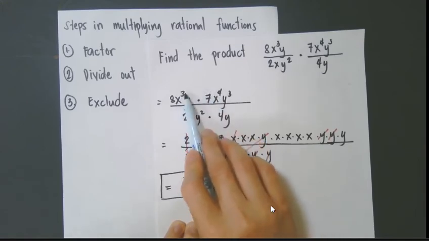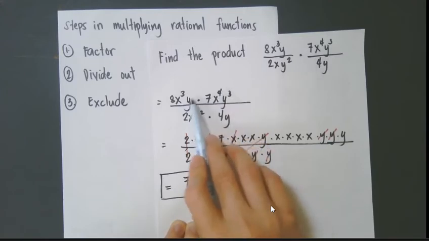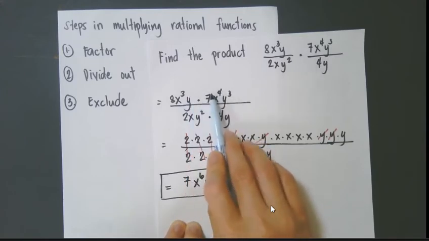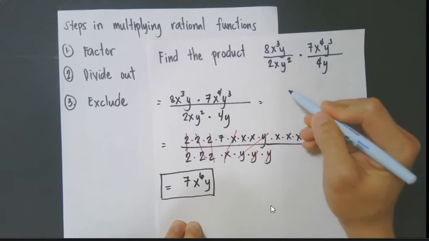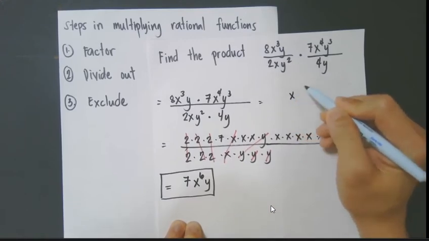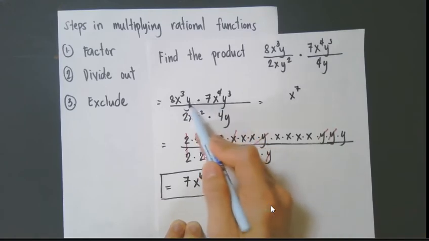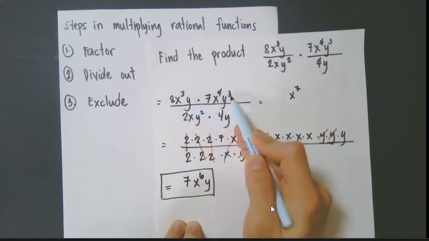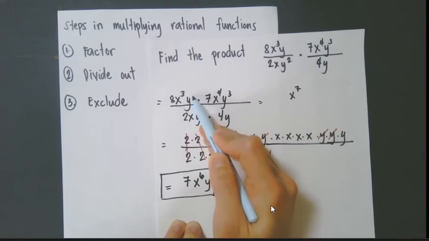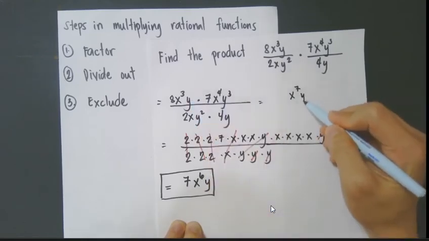So x cubed times x to the 4 equals x to the power of 7. Then the y's, we're multiplying, so we add 3 and an imaginary 1, so that's y to the power of 4.